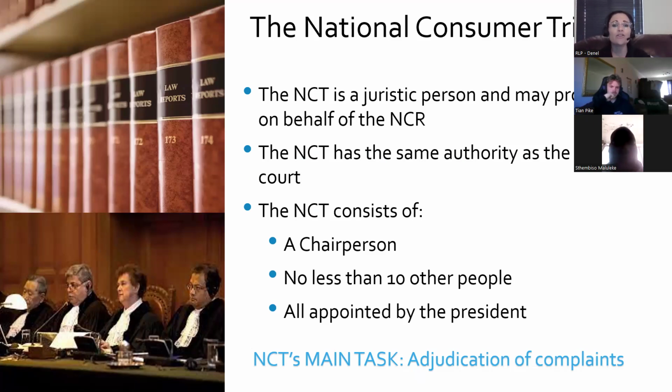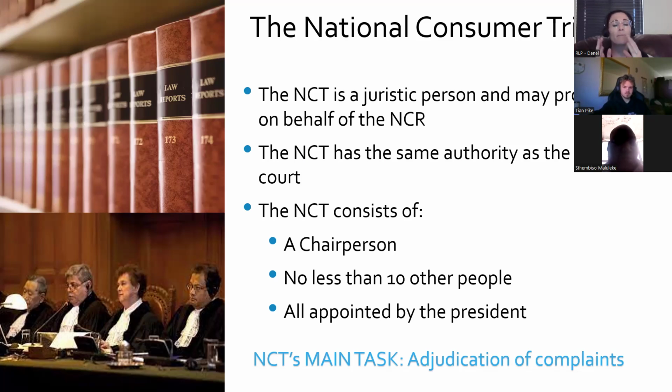So the National Consumer Tribunal is a juristic person. They are allowed to prosecute on behalf of the National Credit Regulator. They have the same authority as the High Court, and they consist of a chairperson, no less than 10 other people, and all of them are actually appointed by our president.